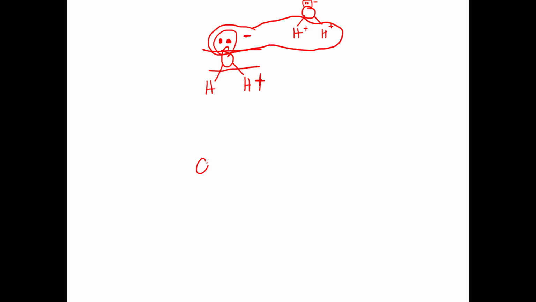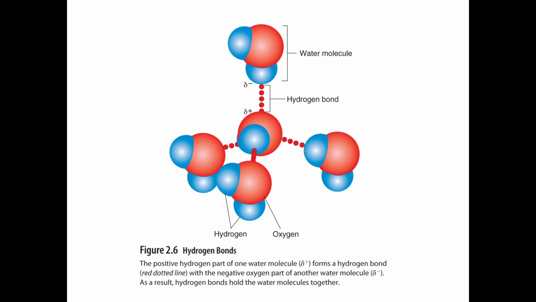Therefore, I will not draw the charges anymore. There is a weak attraction between oxygen and hydrogen, and this is your hydrogen bond. The hydrogen bond is also responsible for many properties of water, particularly surface tension. So this is the better illustration.